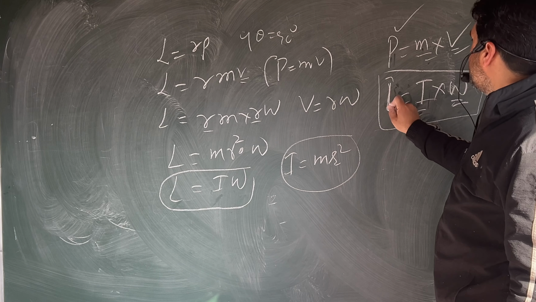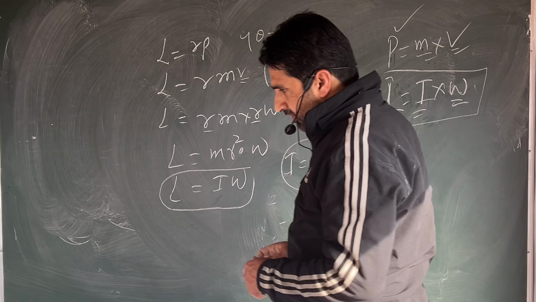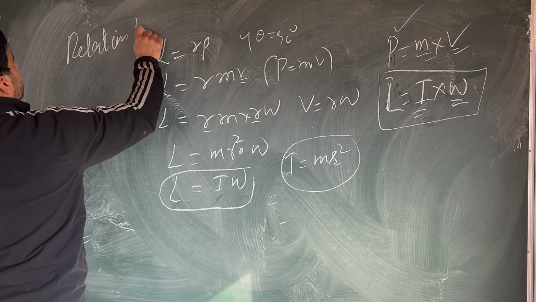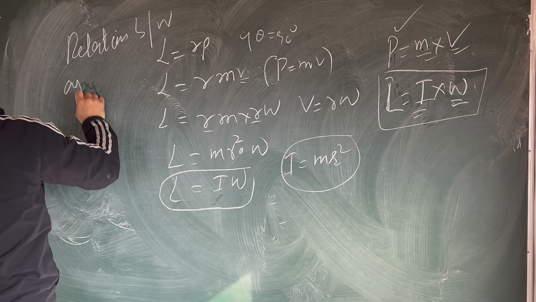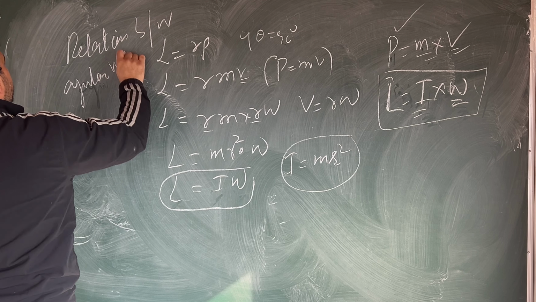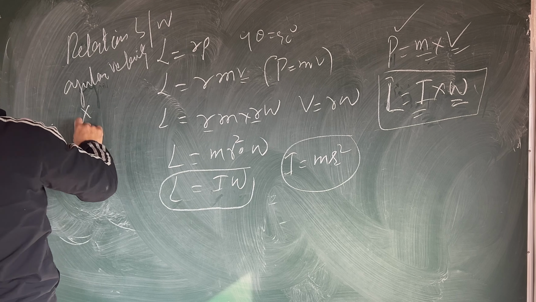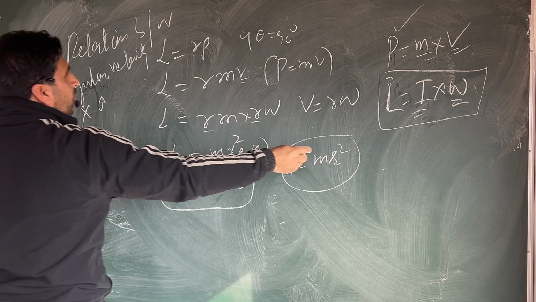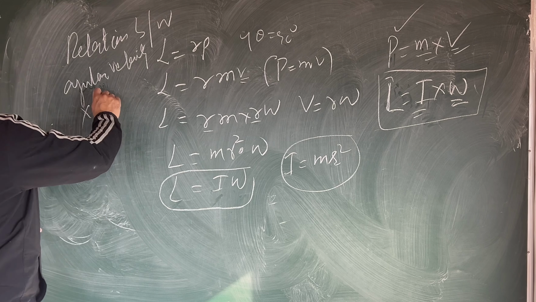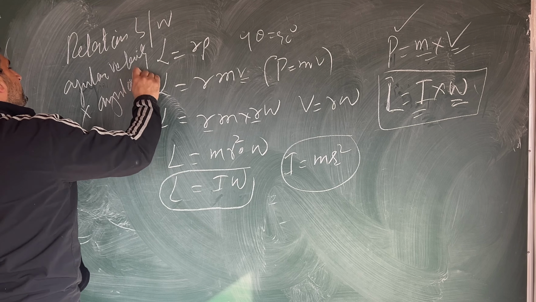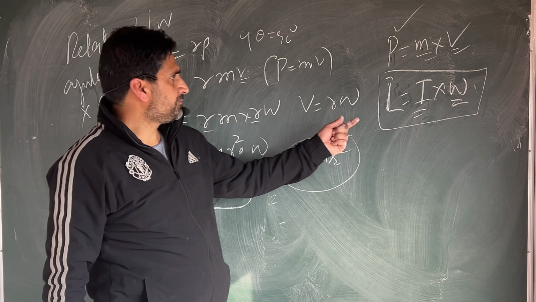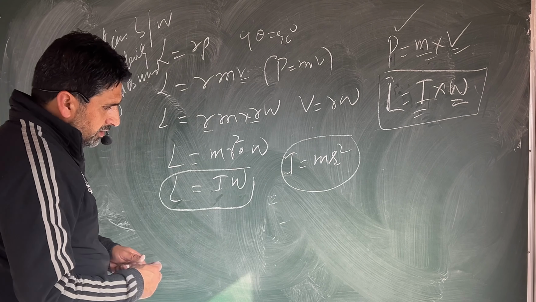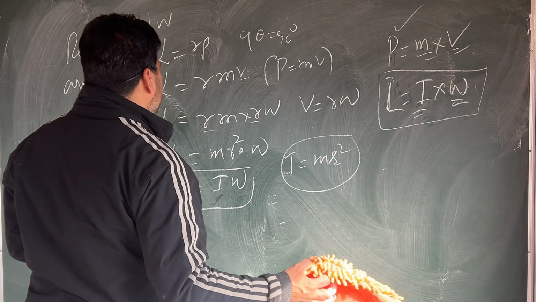This is the relation between angular momentum, angular velocity and inertia. So this is how we can write in terms of rotational motion.